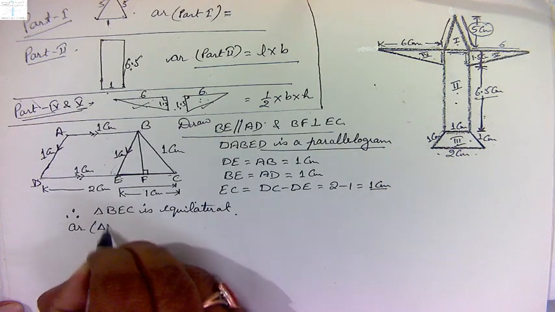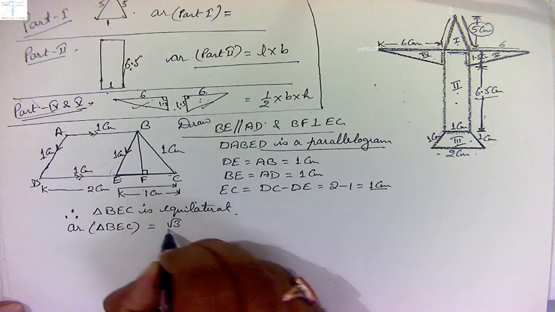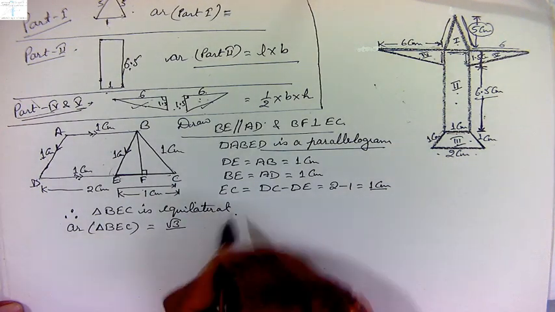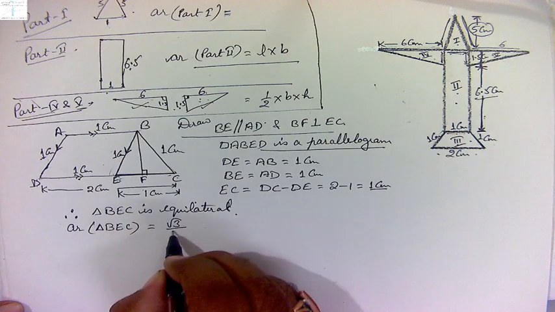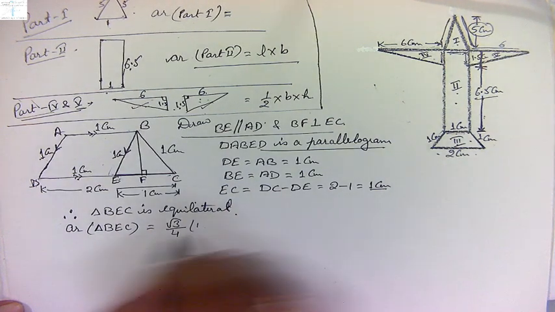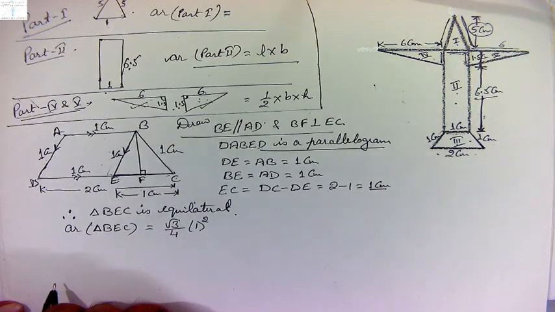Now if this triangle BEC is equilateral, then the area of triangle BEC, in the first exercise, that is 12.1, the first question which we had done, there it was proved that the area of an equilateral triangle is under root 3 upon 4 a squared.